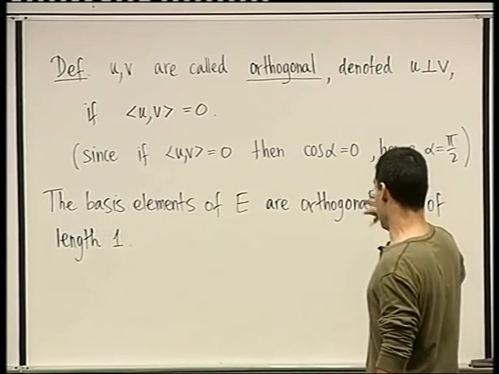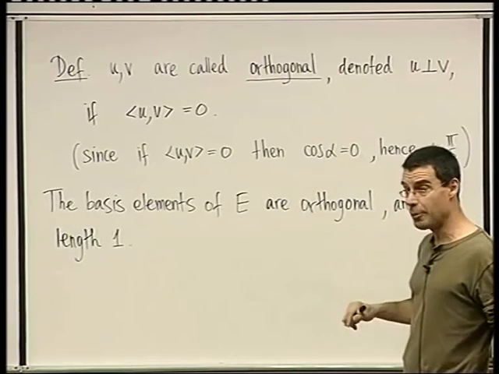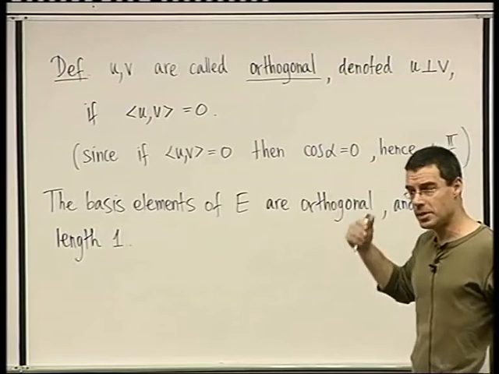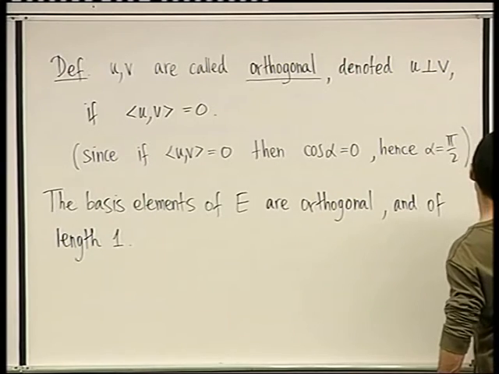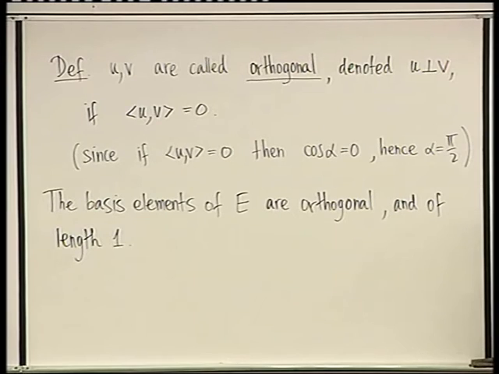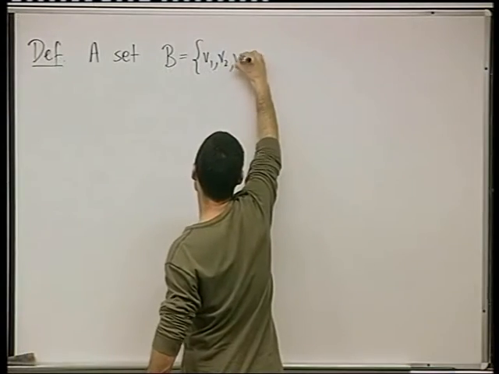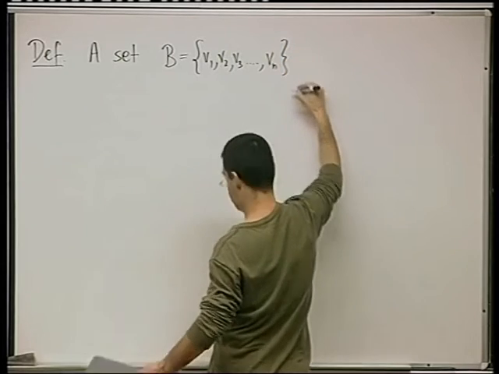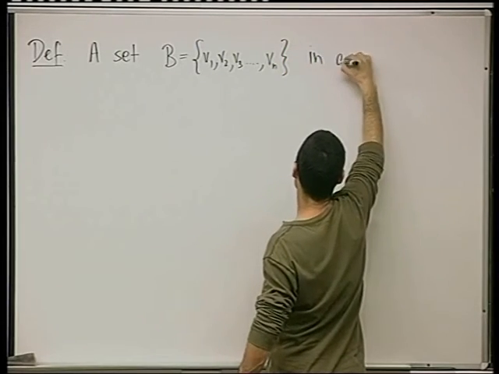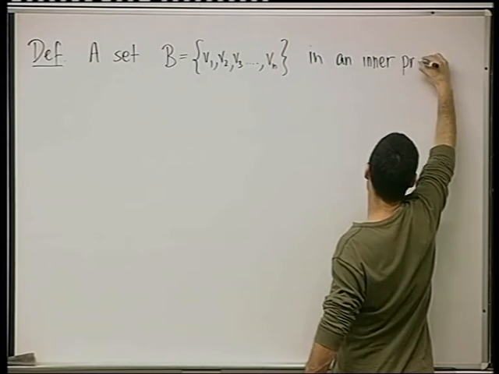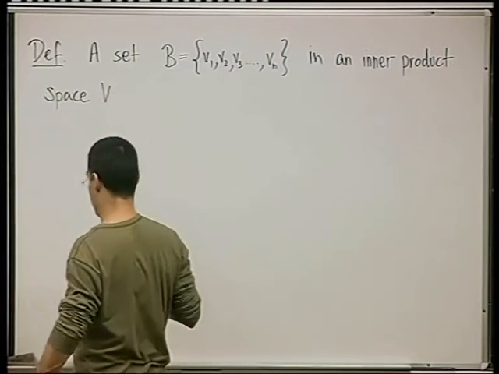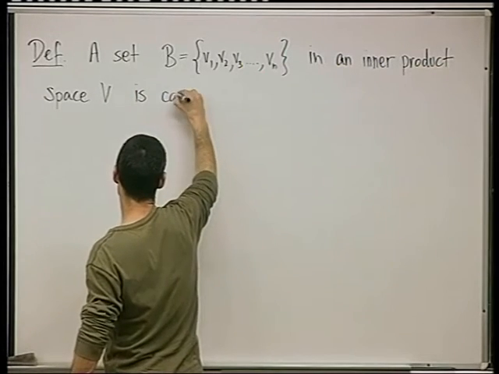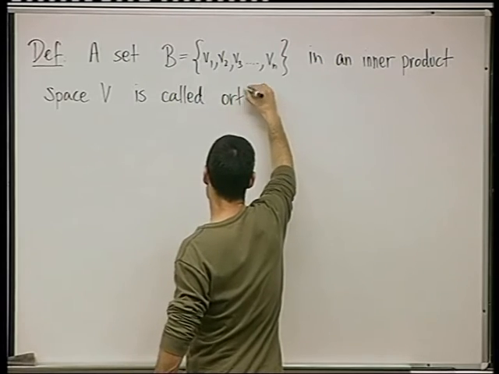So I want to take this notion of orthogonality and length 1 and define it for a general group of elements in a general vector space. So here's the next definition. A set, let's call it B, equals {v1, v2, v3, ..., vn} in an inner product space V is called orthogonal.